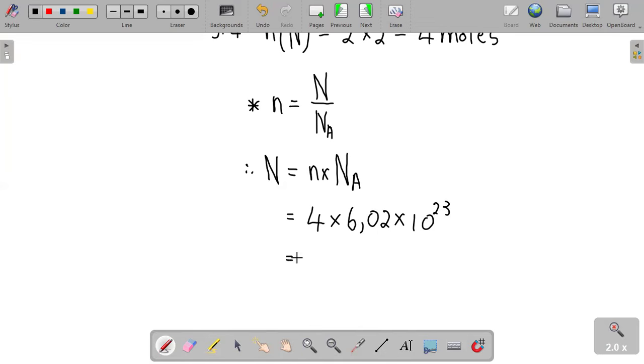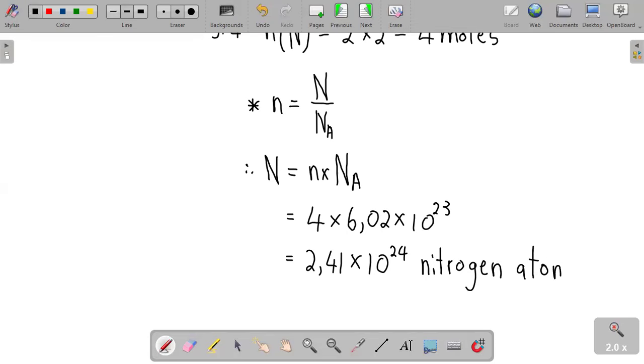And then so this gives us, okay, if you round to 2 decimal places, it's going to be 2.41 multiplied by 10 to the power 24 nitrogen atoms. This is the number of particles. So we are talking about nitrogen atoms in this case.